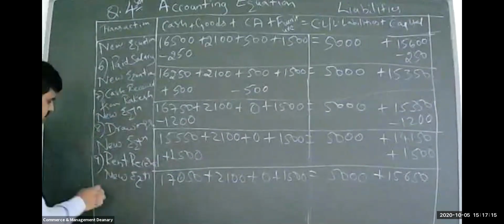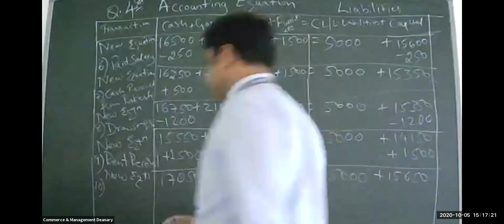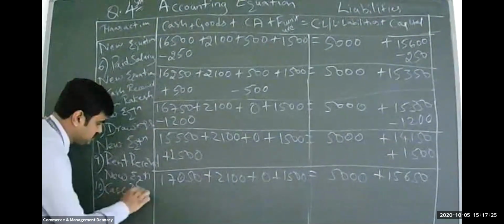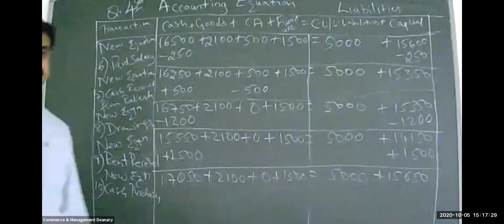So what was the last transaction? It is a cash purchase. How much cash are you paying? 500.